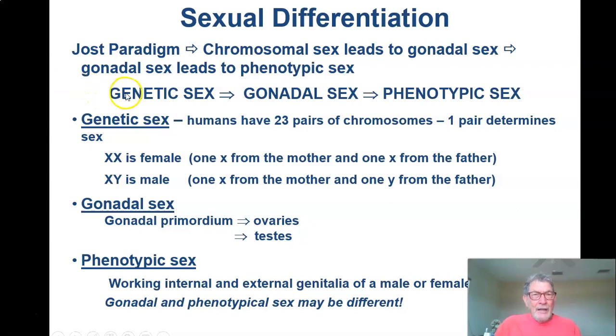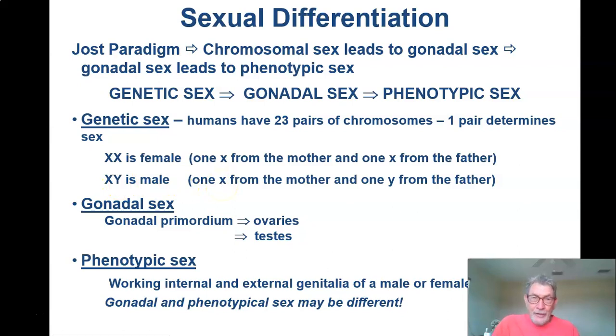First, genetic sex reverts to whether you have 2 female chromosomes in your genetic chromosomes. XX is female, so you get one from each parent. If you get an X from the mother and an X from the father, you're XX, you're a female. XY is the male. You'll get one X from the mother.